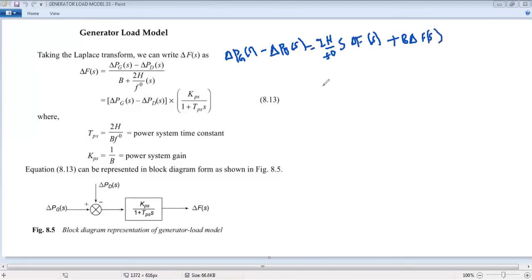This is the equation. You take ΔF(s) out, then you will get 2H by F naught into s plus B.